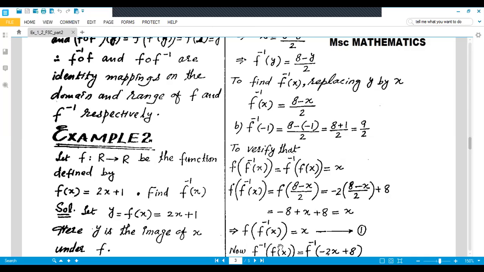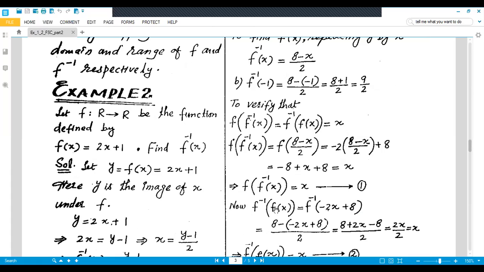Now you have to take the right hand side, f inverse of f of x. This is the first result, the left hand side. Now the right hand side: f inverse of f of x. So you have to write the original function f of x, which is equal to minus 2x plus 8.